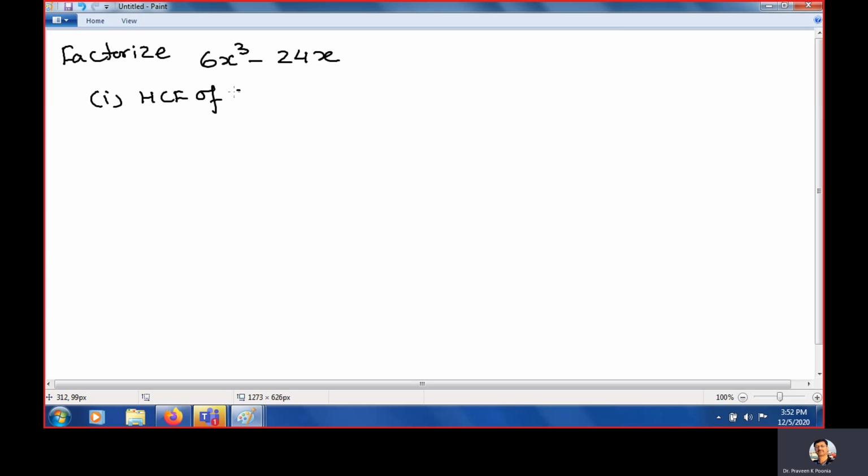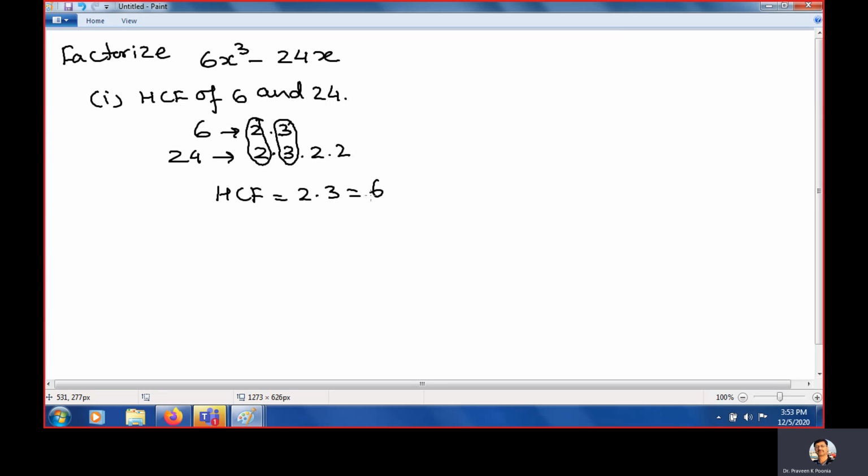The HCF of 6 and 24. 6 is 2 times 3 and 24 is 2 times 3 times 2 times 2. Clear? So what is the HCF? 2 times 3. So the HCF is 2 times 3, which is equal to 6.